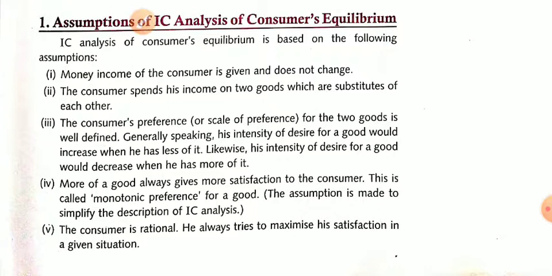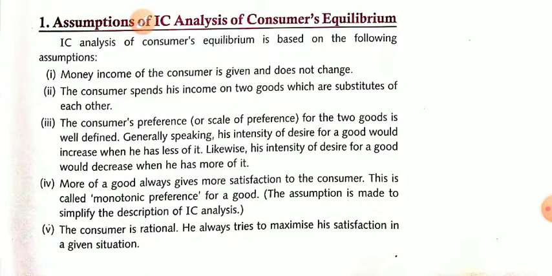Second, the consumer spends his income on two goods which are substitutes of each other, like apple and mango, or tea and coffee. The third is that the consumer's preference, or scale of preference, for the two goods is well defined, so the preference will not change.